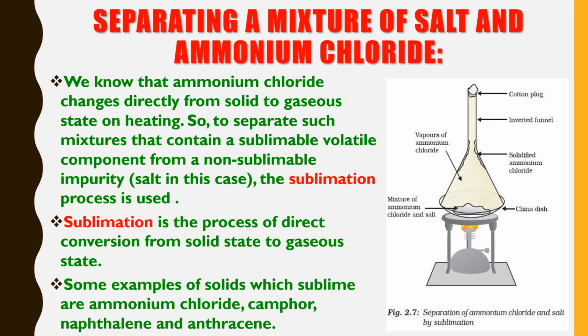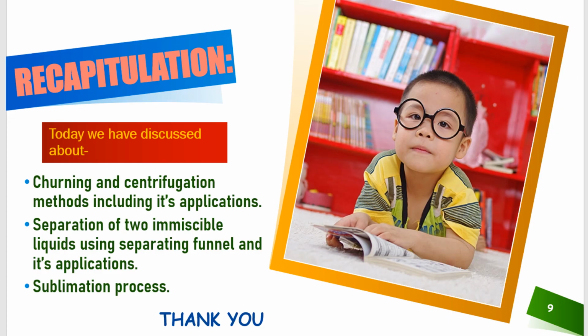So I hope these three processes are clear to all of you. So today we have discussed churning and centrifugation methods, including their applications, where these processes have been used.